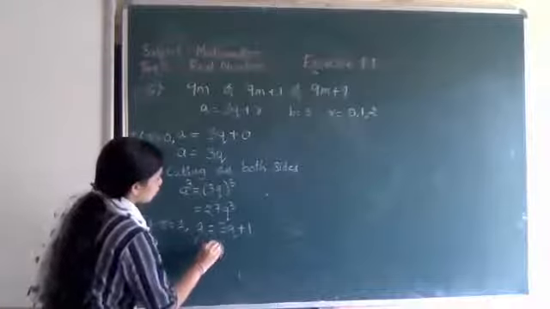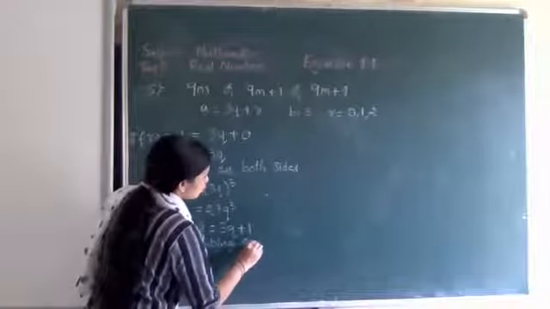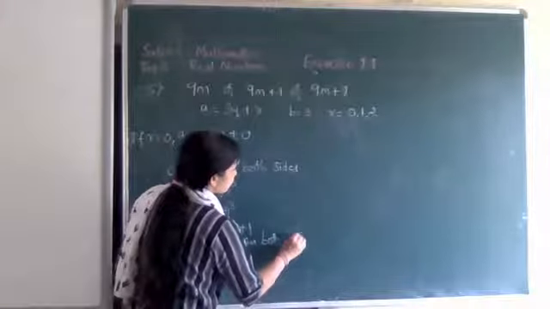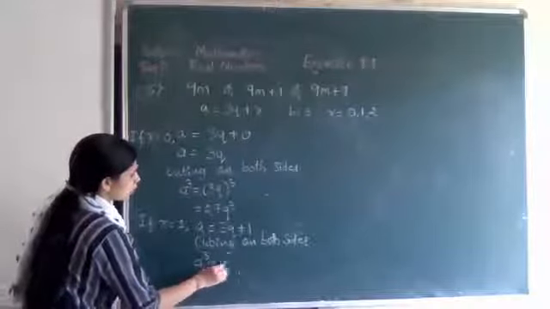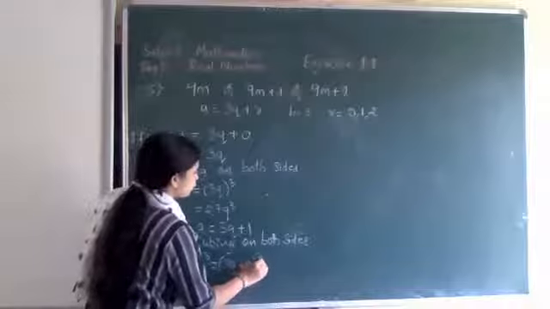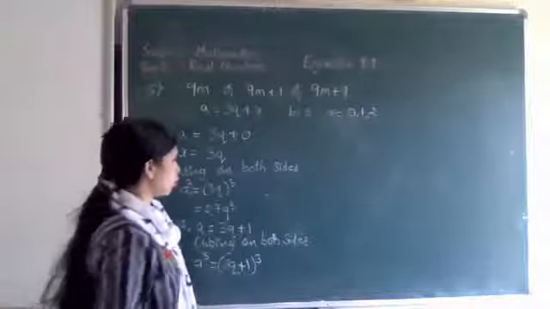Again, we have to do cubing on both sides. A cube is equal to 3q plus 1 whole cube. We have to simplify this 3q plus 1 whole cube.